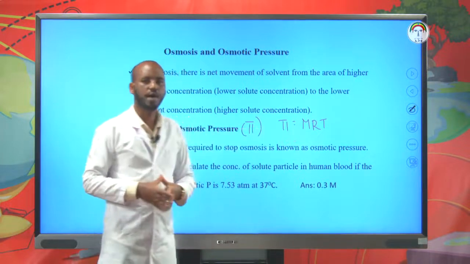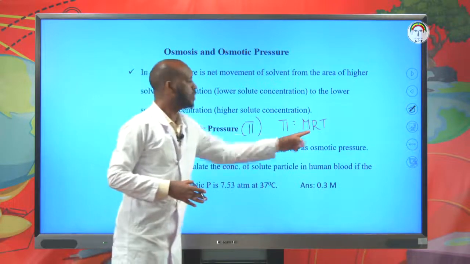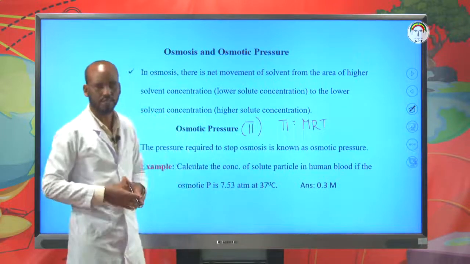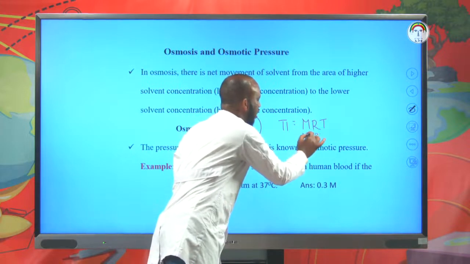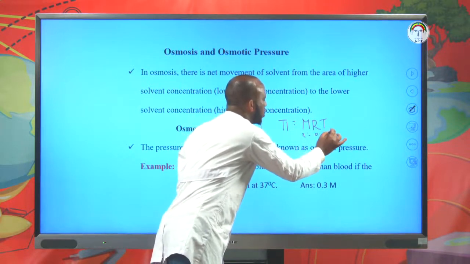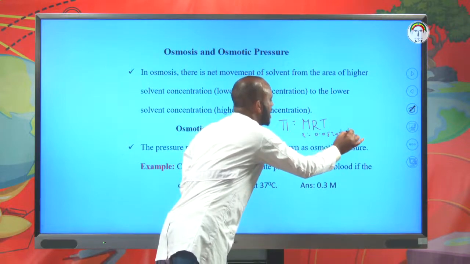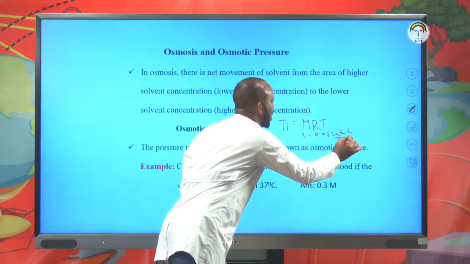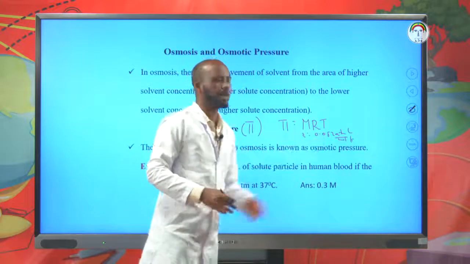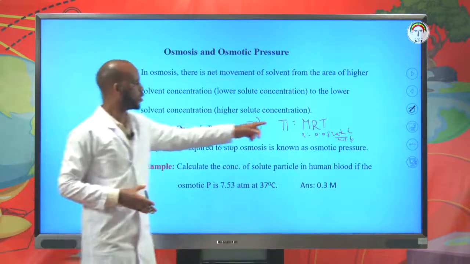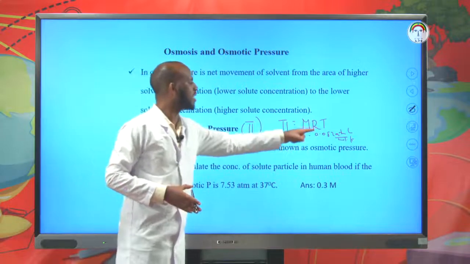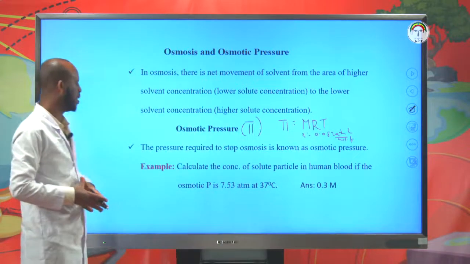Capital M is molarity of the solution. R is universal gas constant having a value R equal 0.082 atmosphere liter per mole Kelvin. T is temperature in Kelvin. Therefore, osmotic pressure equals molarity times R times temperature.